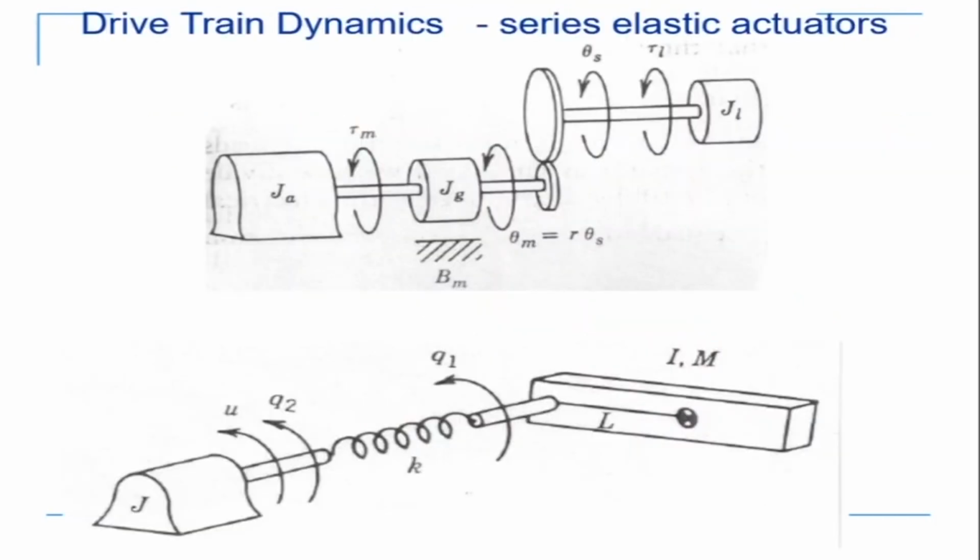Now, in whatever we have done so far, we have made the assumption that the links are rigid, and the shafts which are in the motor. So the rotor of the motor is connected to the gear by a shaft.